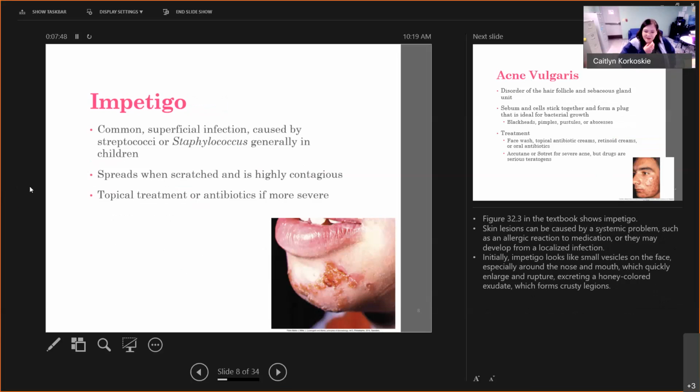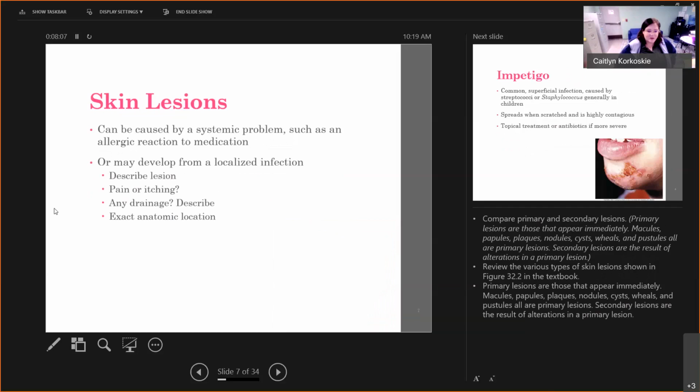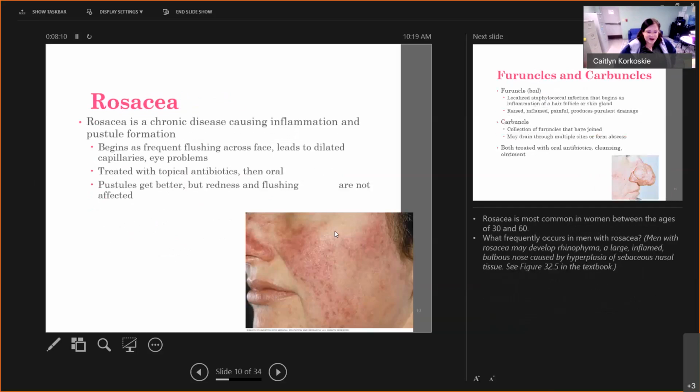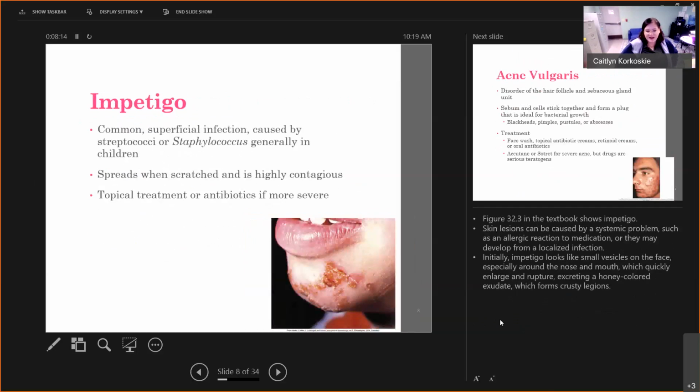If a patient has impetigo, caused by some type of staph, and they touch that area and then touch something else, and then someone touches that and scratches their face or arm or wherever, they can then develop that infection as well.